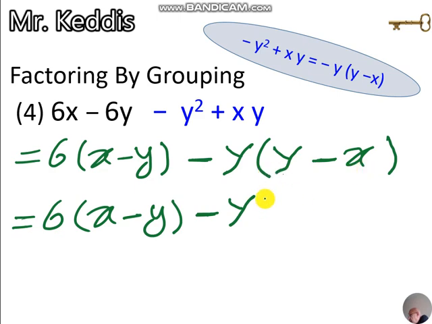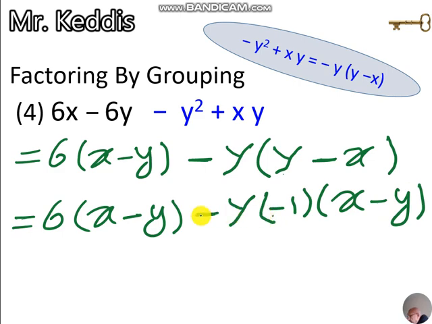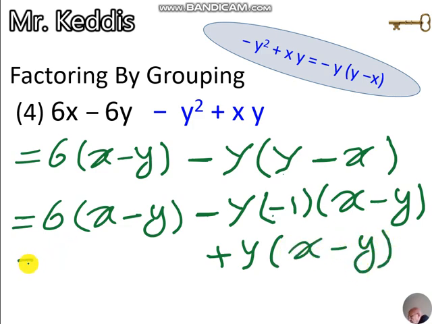I multiply by negative 1. This is the negative 1. And I switch it. Negative times negative, I get positive. Positive y times x minus y. And here equal 6 times x minus y.